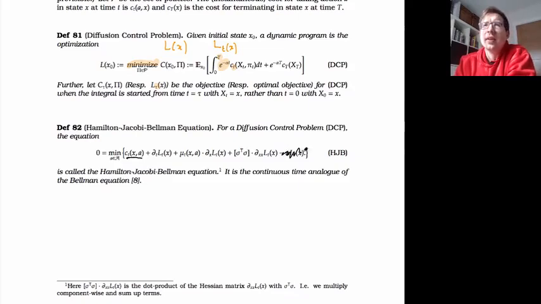Actually, I'll delete this one. I shouldn't have this one here, that's my fault. We have the cost function minus the discount rate times our function L. And then we have essentially the drift term that we would get from Ito's formula.